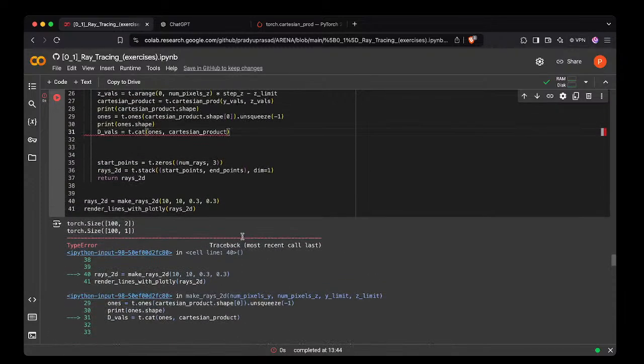I have 100, 100, I want to put the ones and then it.